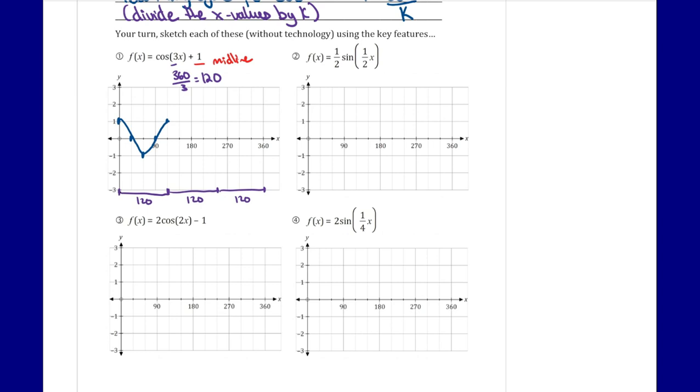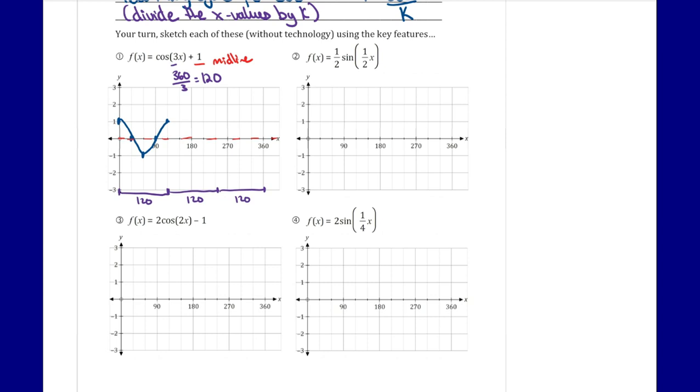What has happened? Well, it used to be at 90 for the midline here. Now it's at 30. My minimum used to be at 180, now it's at 60. Back at the midline used to be at 270, now it's at 90. My other maximum used to be at 360, now it's at 120.